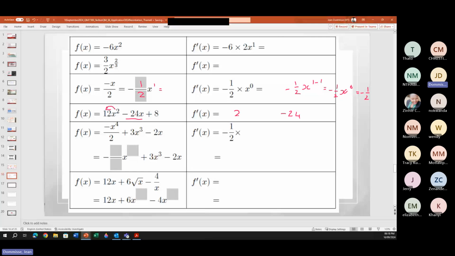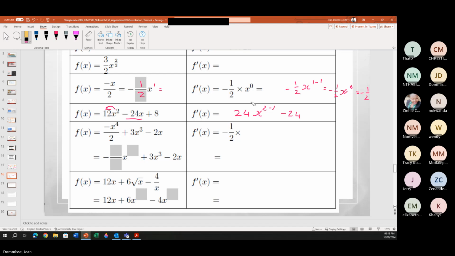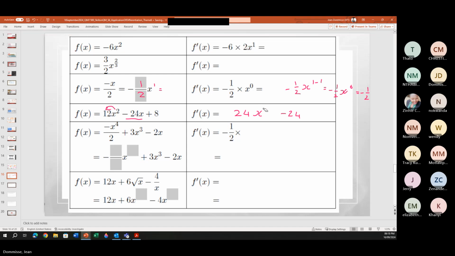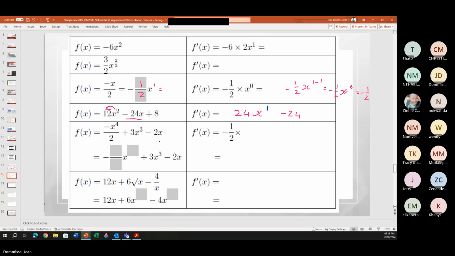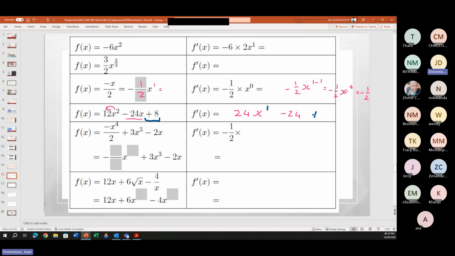We actually have 2 times 12, which is 24, x to the power of 2 minus 1, which is basically x to the power of 1. And then the differentiation of a constant, remember, is always 0.